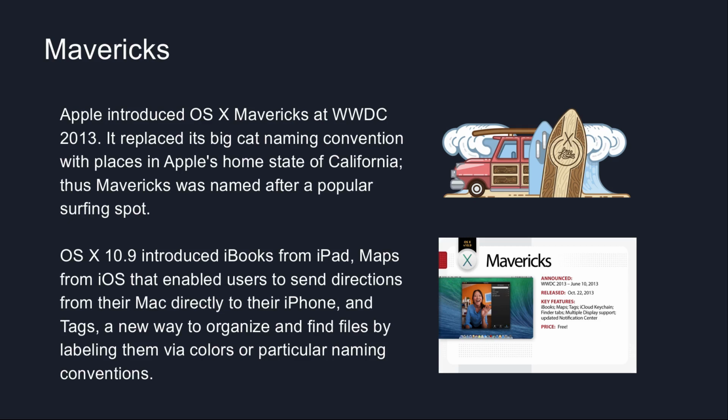iCloud Keychain stores, encrypts, and automatically enters passwords. The Finder can also support tabbed browsing for further productivity and support for working on multiple displays with menu bars and docks.